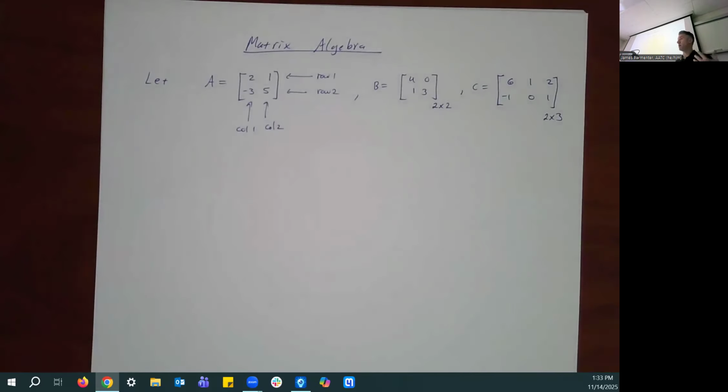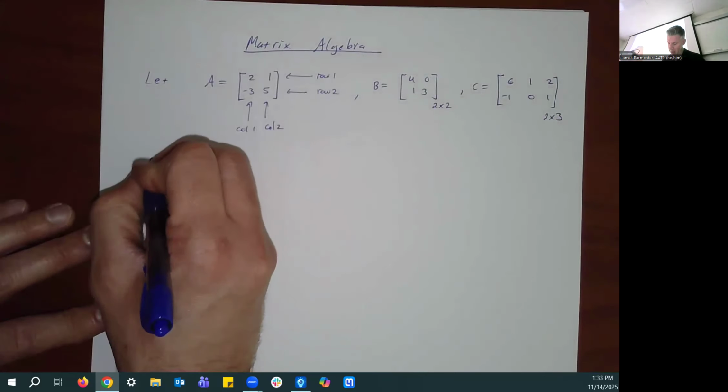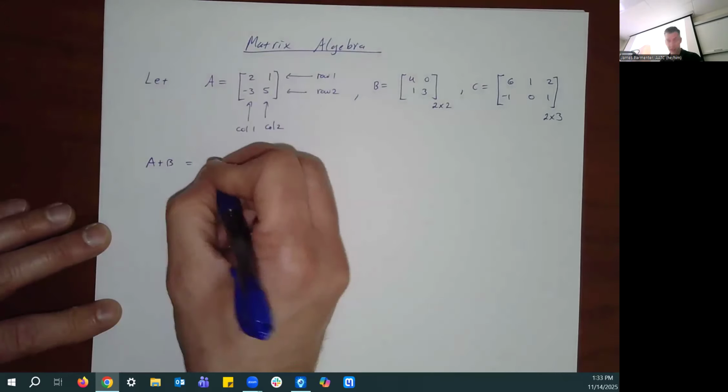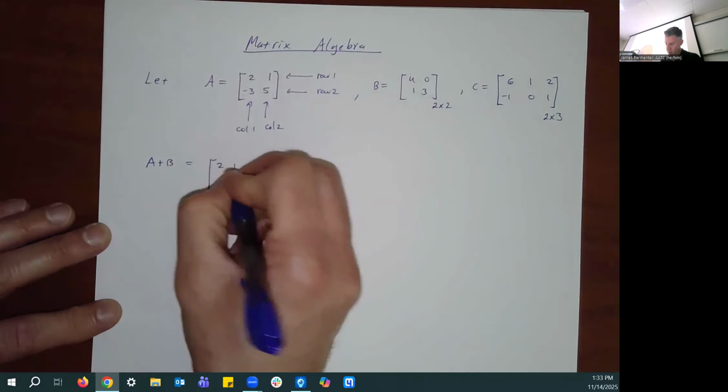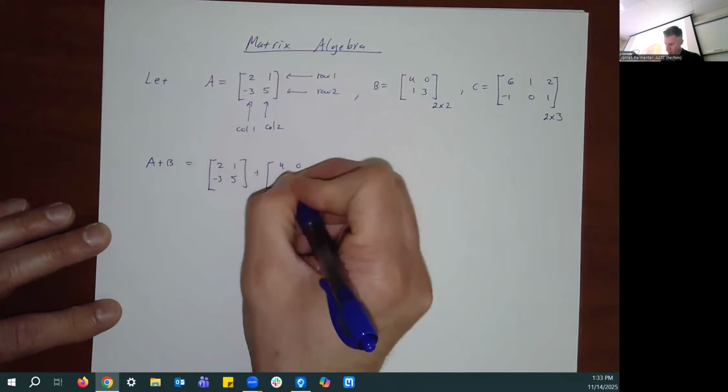So some nice things about matrices. You add them as you would expect, meaning that you're just going to add component by component. So for example, if I want to find A plus B, I would just have the matrix A, 2, 1, negative 3, 5, plus the matrix B, 4, 0, 1, 3.